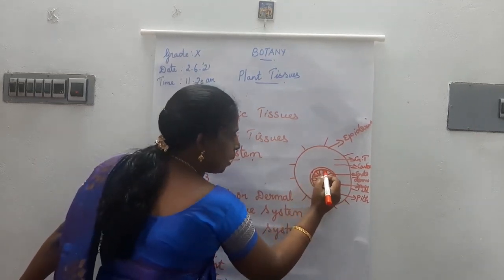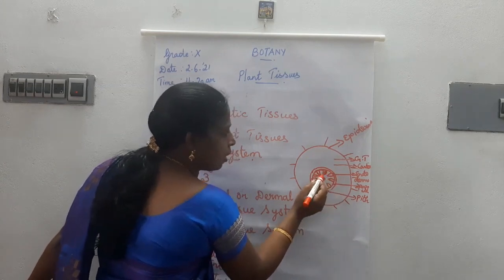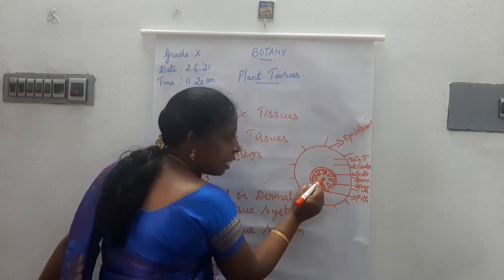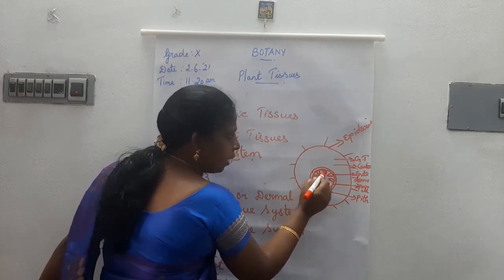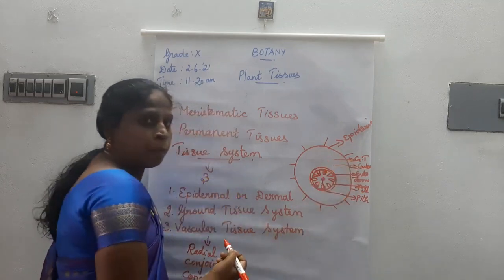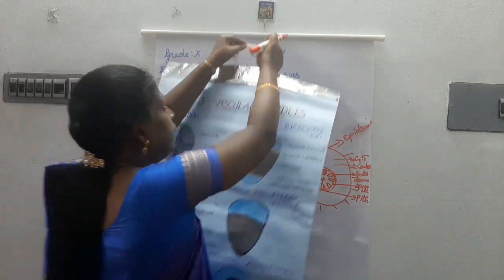See, in the vascular bundle, here phloem is there, here xylem is there. The xylem lies towards the center of the plant part and the phloem lies towards the periphery of the plant part. That type is called collateral vascular bundle.